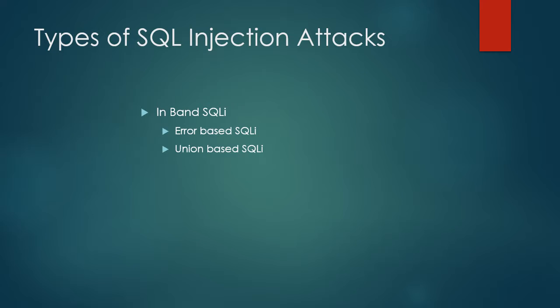The second type of SQL injection attacks are known as inferential SQL injection attacks, which are also called blind SQL injection attacks. Here, an attacker does not see the result of the attack in the response to a relevant SQL query or any details of a database error.